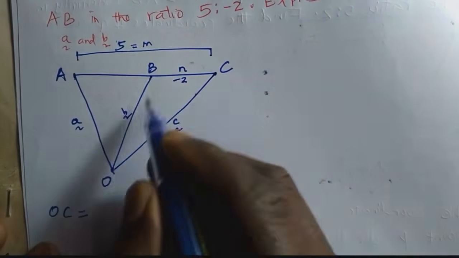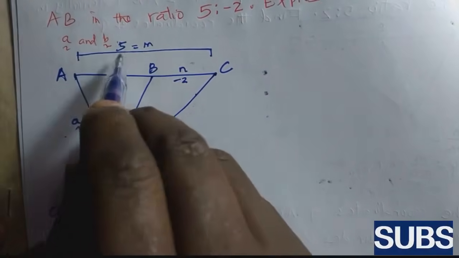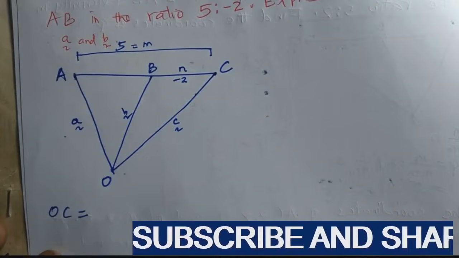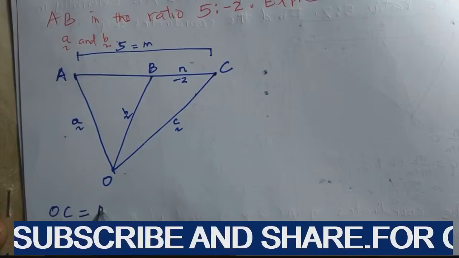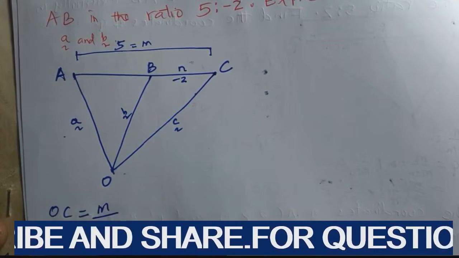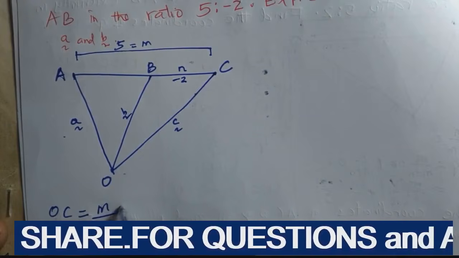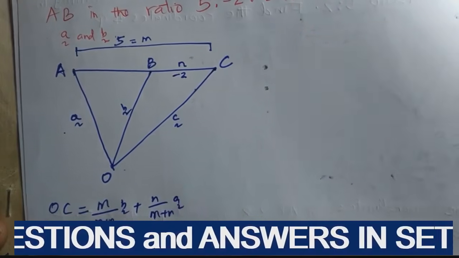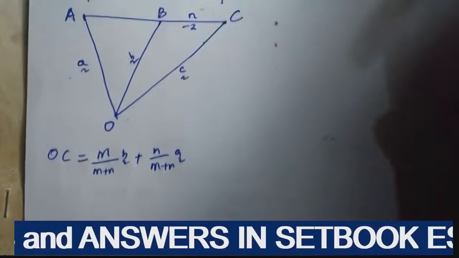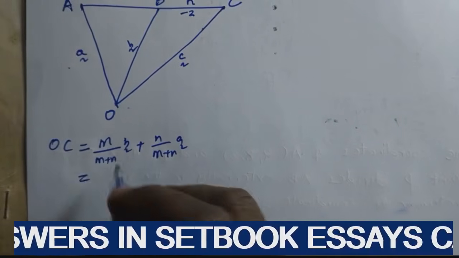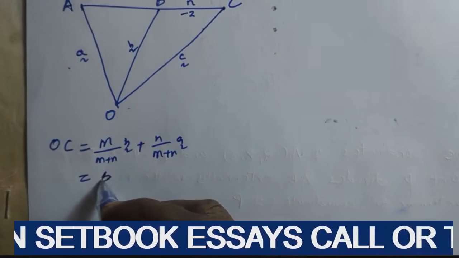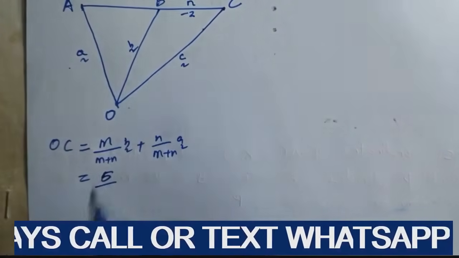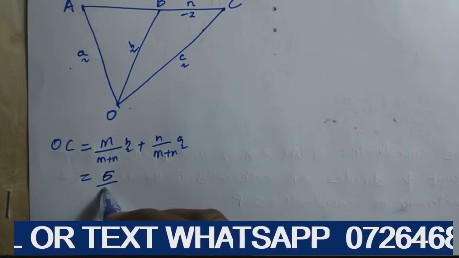So the opposite of N is here and the opposite of M is here, which will be B. So we will have M over M plus N, B plus N over M plus N, A. Now let's substitute the numbers, because we have M and N. Our M is 5, over M plus N, 5 plus minus 2, the answer is 3.